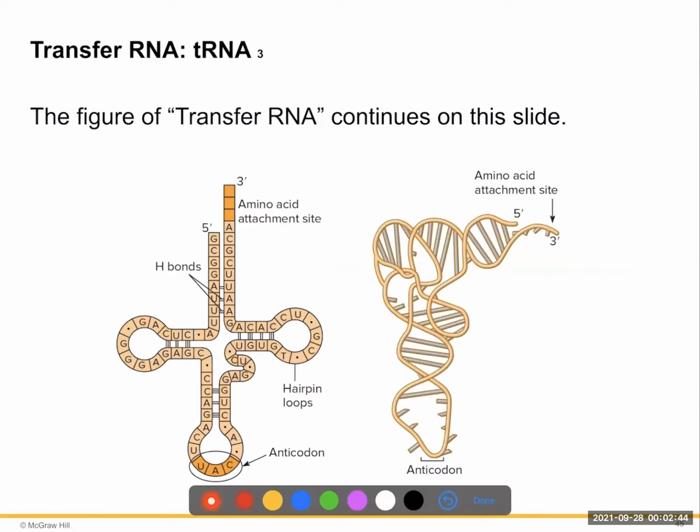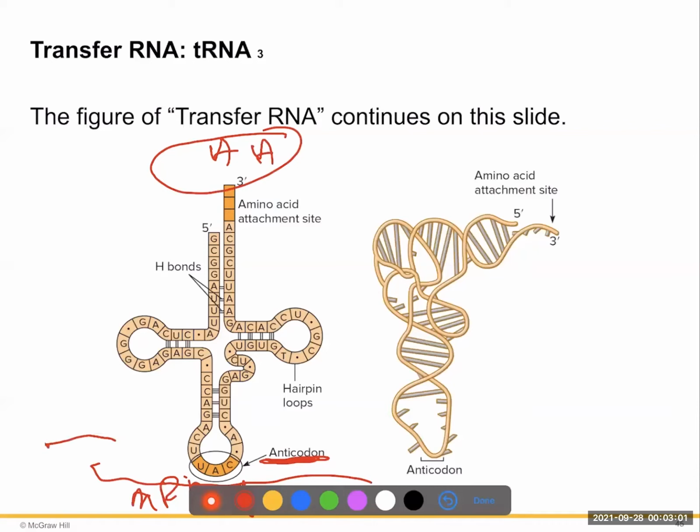This is the anticodon. These are the 3 triplets that bind to the messenger RNA. So here's your messenger RNA right down here. And then here is your attachment site for your amino acid. It depends on what these 3 codons are to determine what amino acid is attaching to the chain.